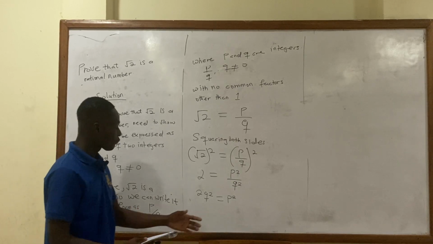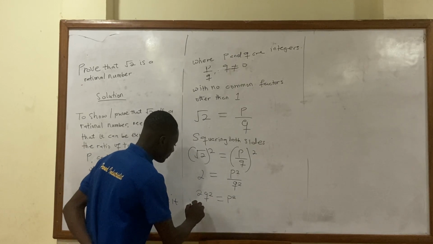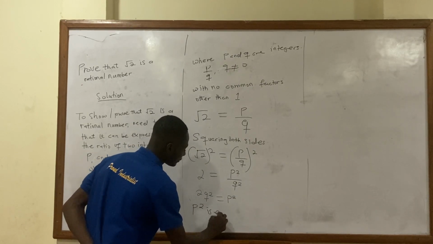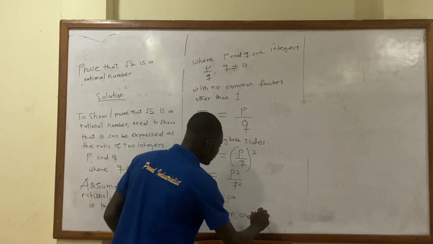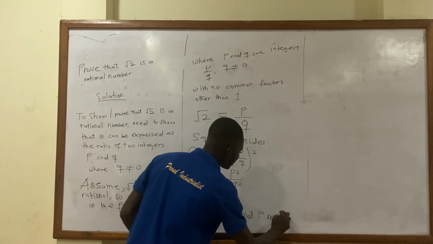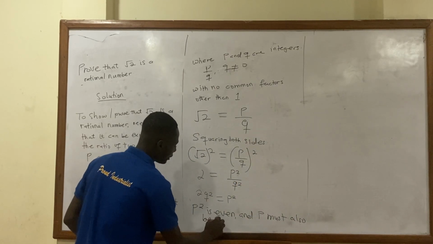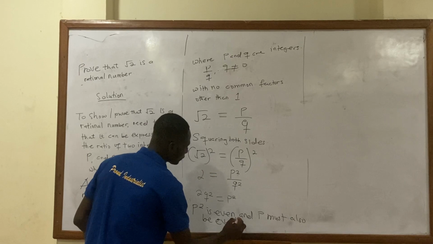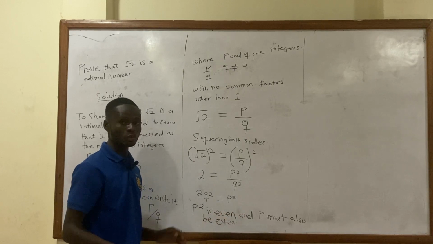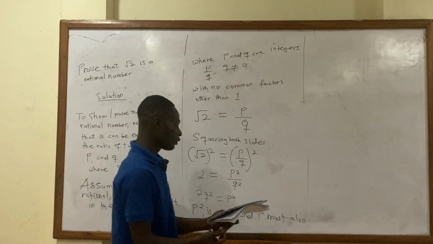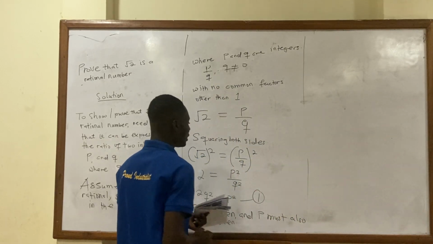So from here we can say that p squared is even, and if p squared is even, p must also be even. That is very simple. So from here we can say that this should be equation 1.